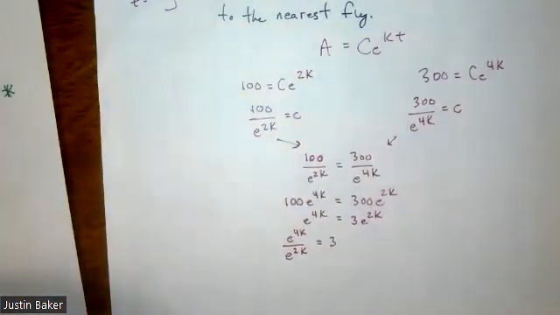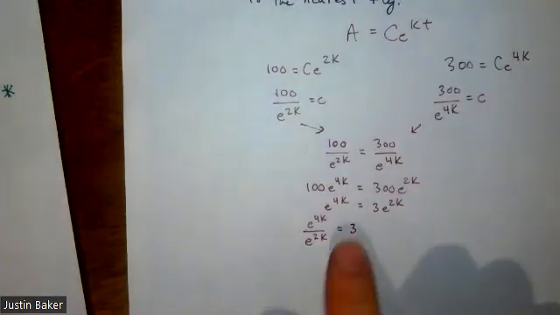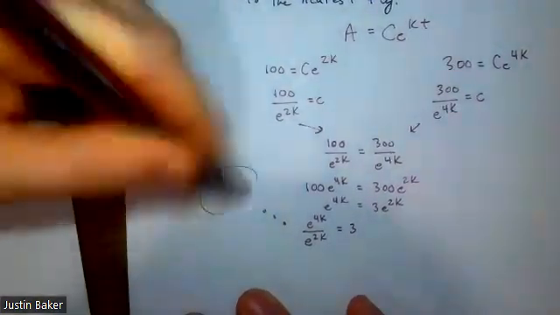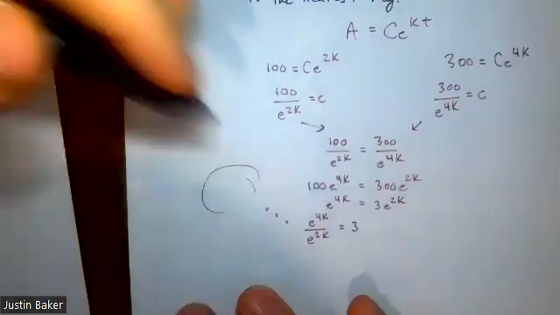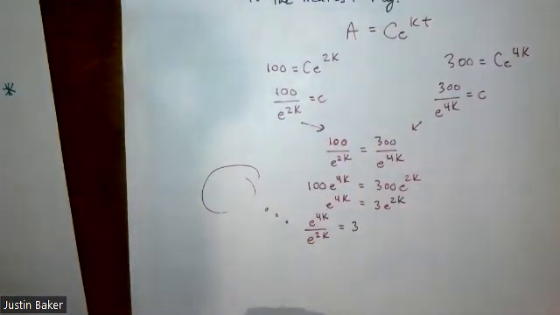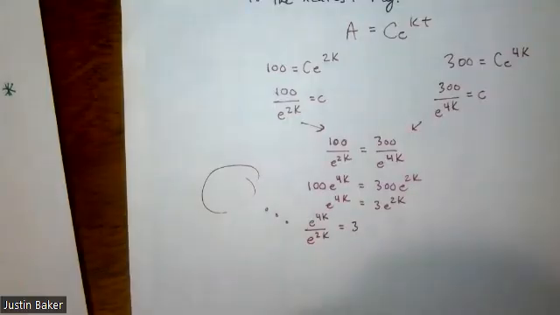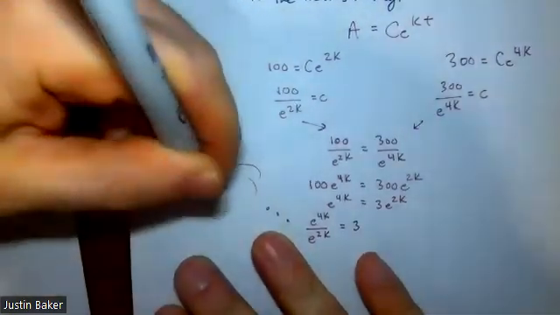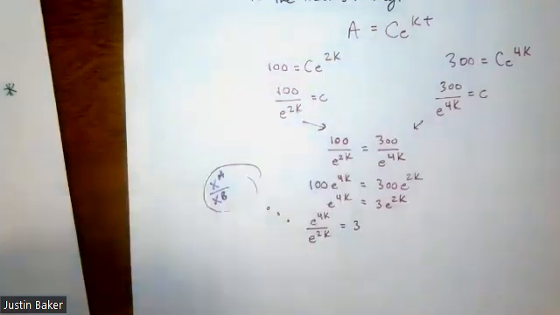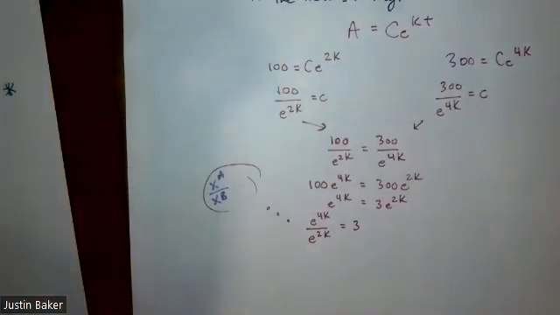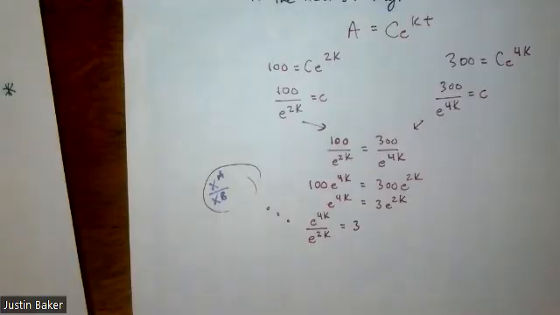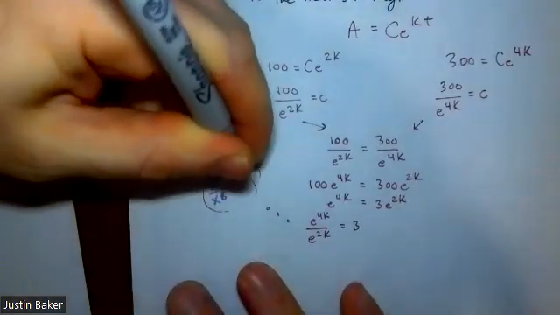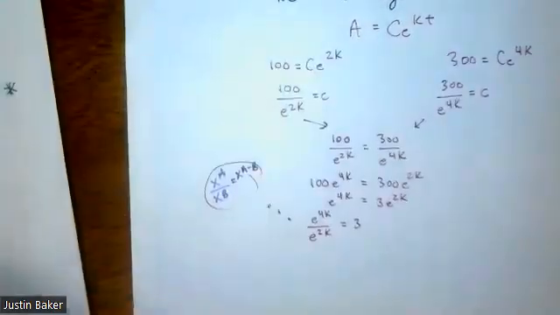Well, what can you tell me about just exponents here? e^(4k) over e^(2k). What do we know about variables? If you have x^a over x^b, and you simplify those, that should be x^(a-b), right?